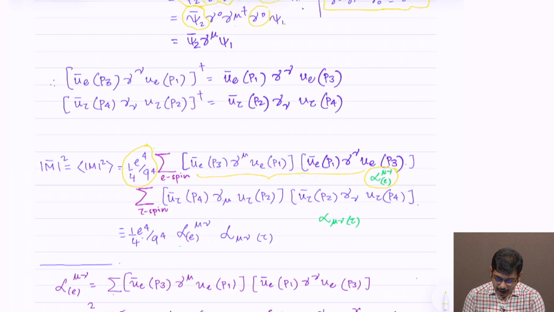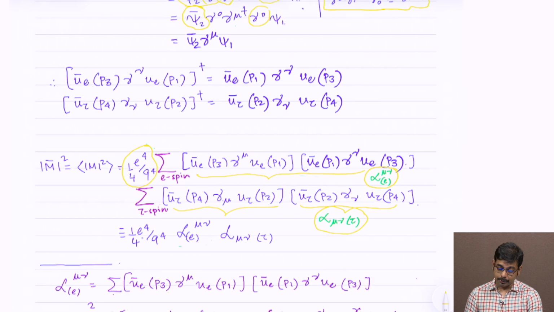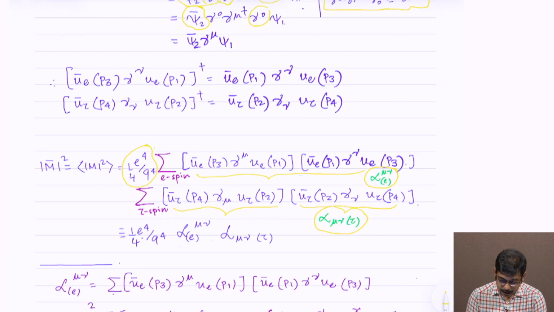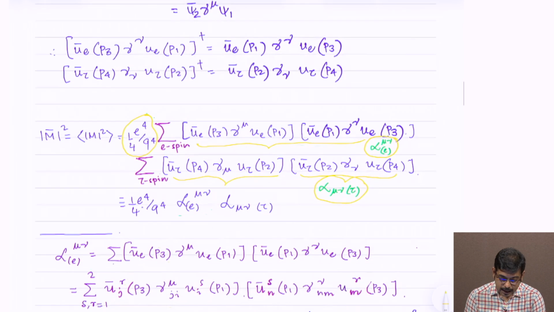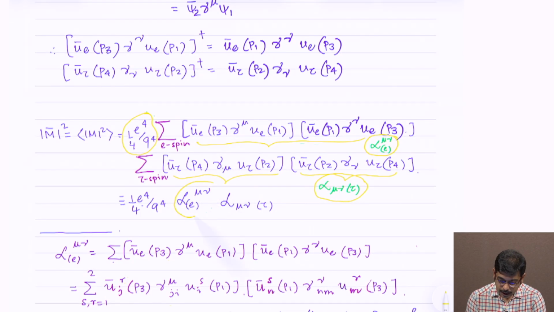And then the sum over the tau spin gives another L mu nu tau, which is u tau bar p4 gamma mu u tau p2 with u tau bar p2 gamma nu u tau p4. Therefore the matrix element squared in general can be written as 1/4 e to the power 4 over q to the power 4, times L e mu nu and L mu nu tau.